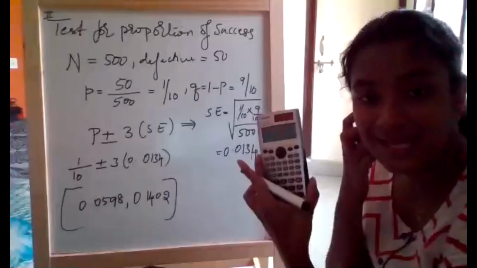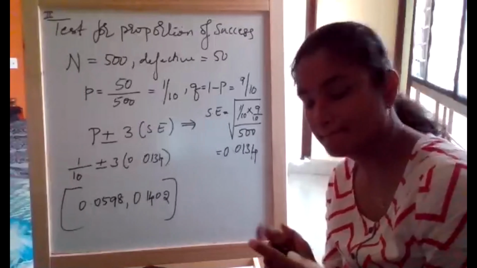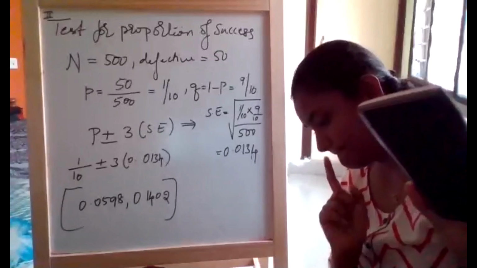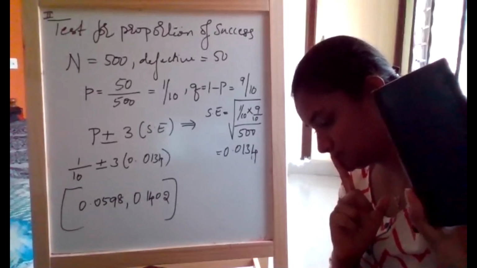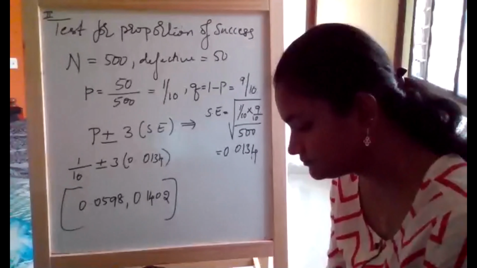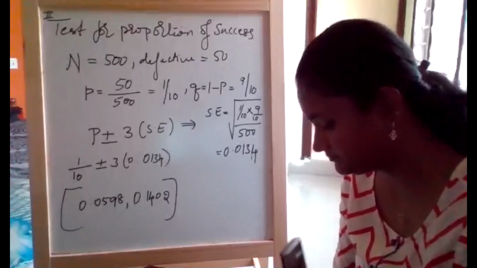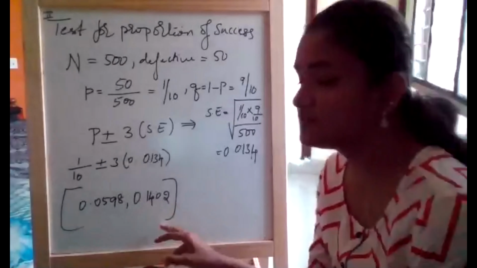Now again I used the calculator and I got these values. Check whether they are correct or not. Yes, ma'am, they are correct. So now these are the two limits which we got.